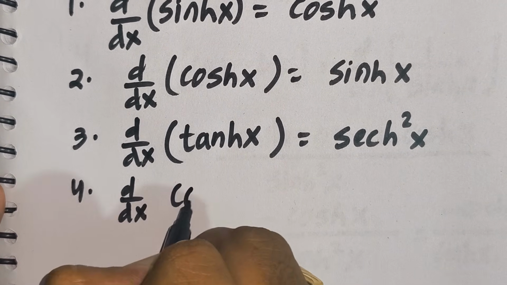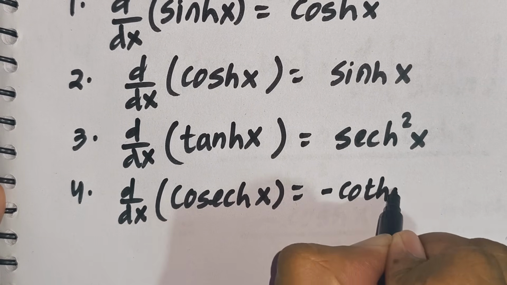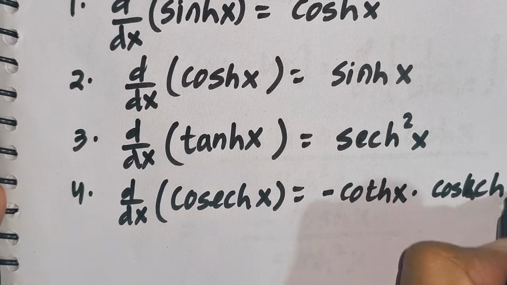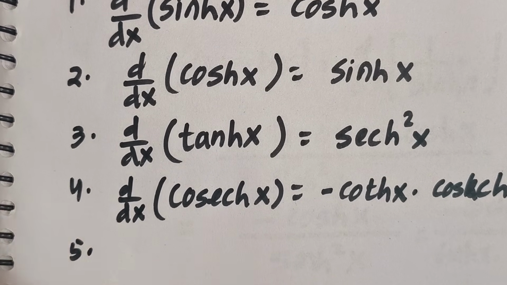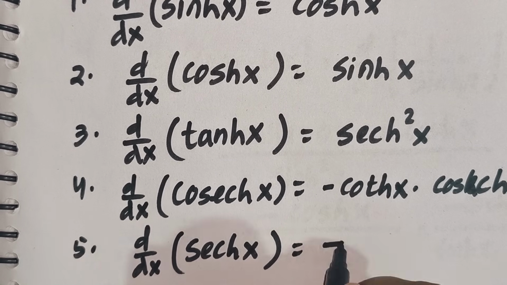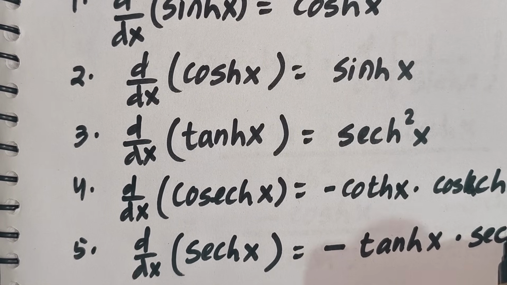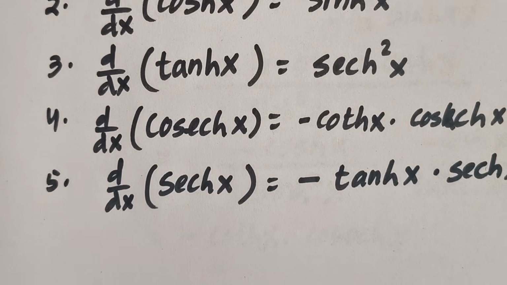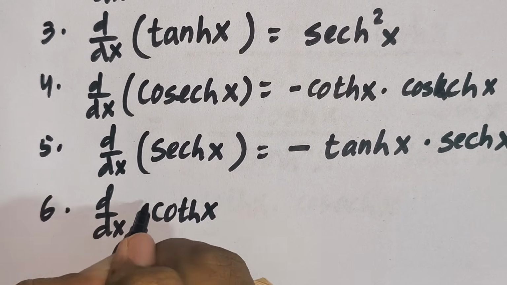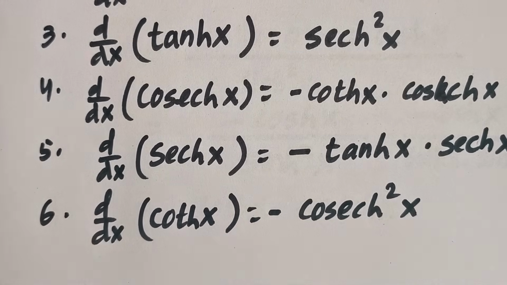Derivative of hyperbolic cosecant is minus hyperbolic cotangent x times cosecant x. Fifth, the derivative of hyperbolic secant, you can verify this one as minus hyperbolic tan times hyperbolic sec. Last, the derivative of hyperbolic cotangent is minus hyperbolic cosec square.